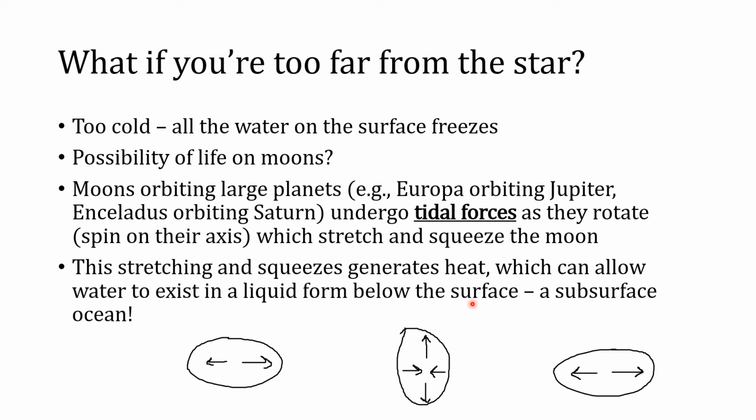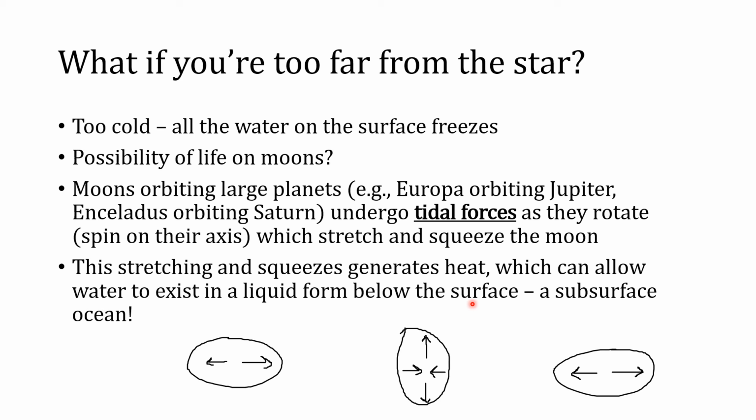So you might have a shell, a surface of ice, and then an ocean underneath that. And so that's a possibility on these moons, and you could, in theory, get that in moons around planets around other stars as well. Now, it's not guaranteed to happen with every moon, but it is a similar thing to what we saw on the previous slide in that even though you're beyond the habitable zone, there might be a little trick that lets you get liquid water anyway.